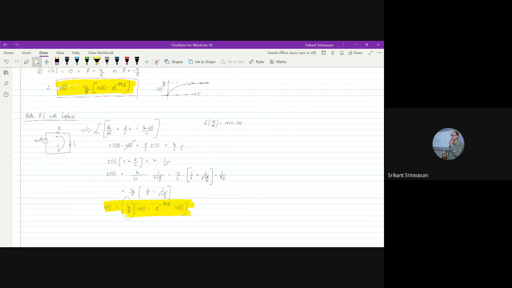I is V naught by R prefactor, u of t minus e power minus R t by L, other u of t. That u of t doesn't matter much because all it is saying is that at t greater than or equal to 0 it is finite. It is equal to 1 when t is greater than 0, else it's not there. So this is the answer.